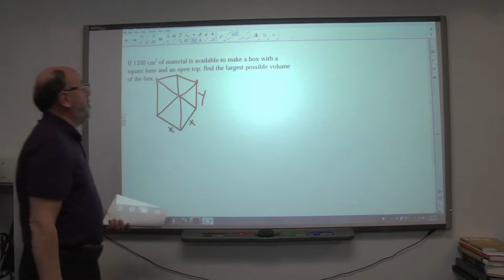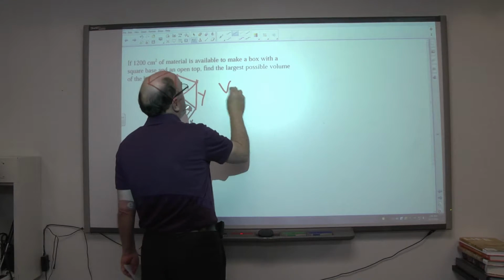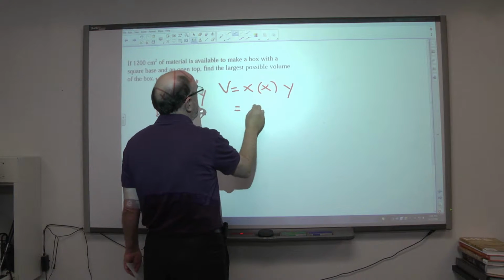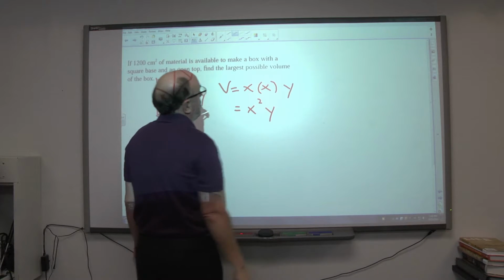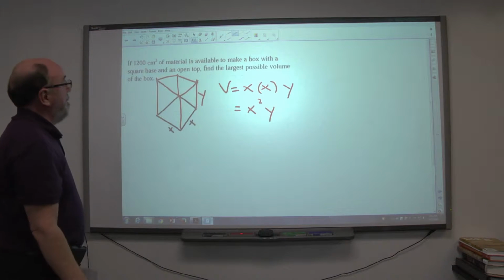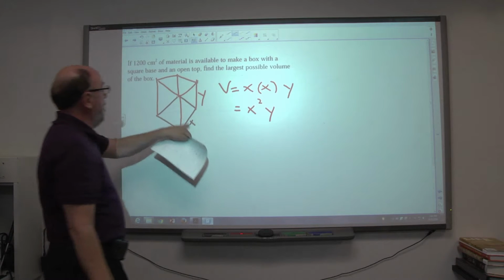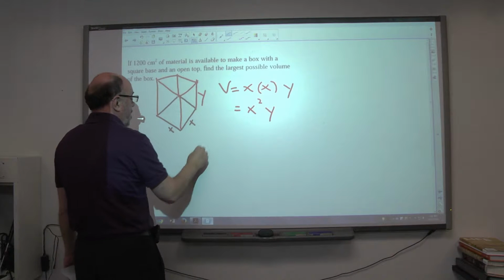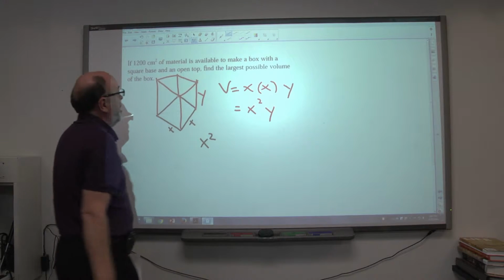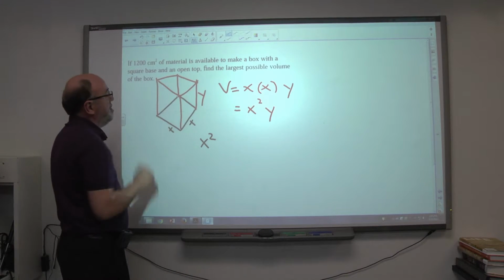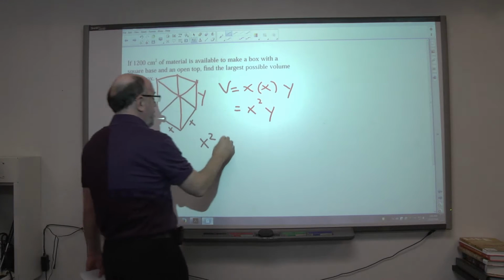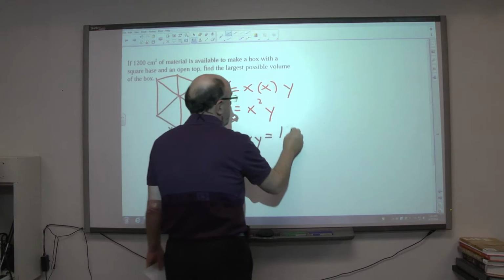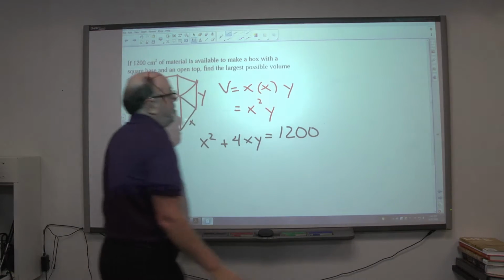So in terms of volume of a box, our volume is going to be x squared times y. The amount of material we use will be the base, and so that'll be x squared. And then each of the sides has area xy. So plus 4xy. And that equals 1200.